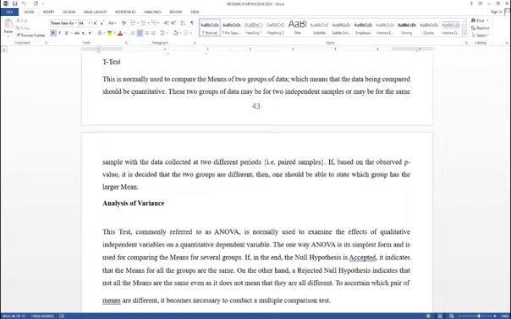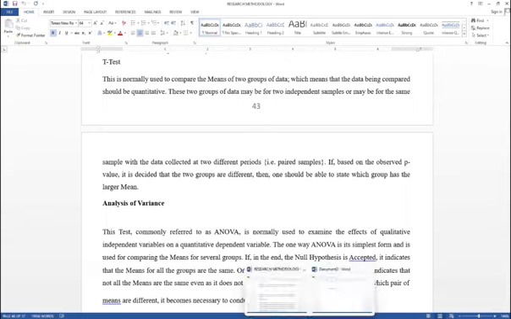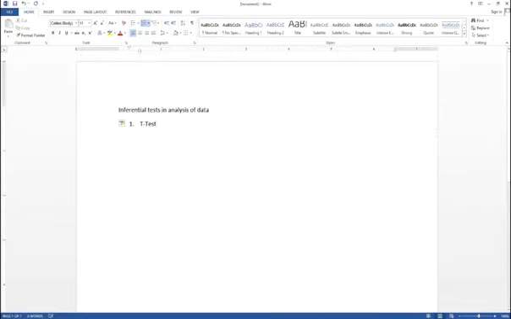Let's look at an example. Let me use this table to explain this ANOVA better for you. Let's look at a situation whereby you're looking at the effects of some powdered milk on the growth of children.